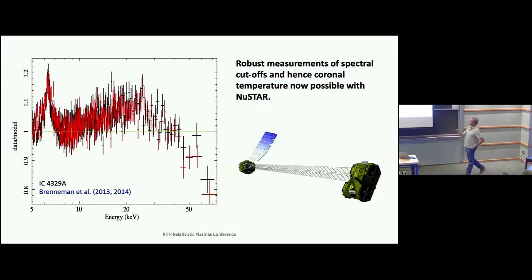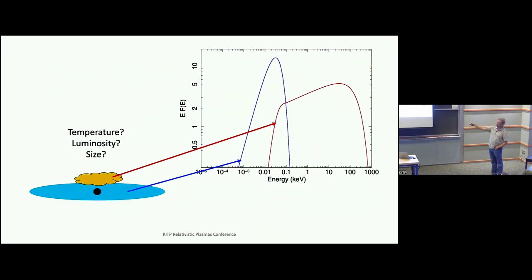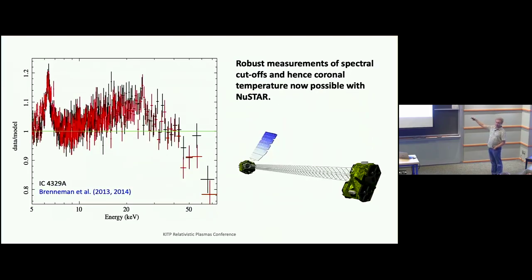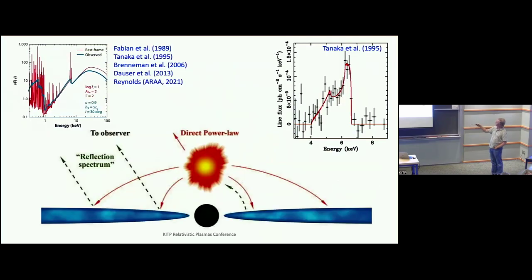And this is again one of the first objects for which we could clearly see the thermal rollover of the corona. If I go back, I meant to point out this is the coronal emission, and this rollover here is measuring the temperature. So you get this temperature here. So temperatures are easy to measure.